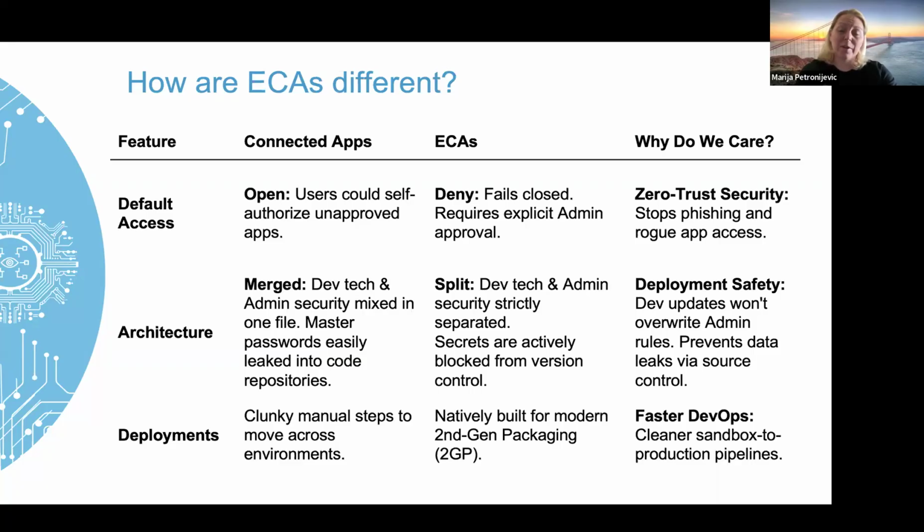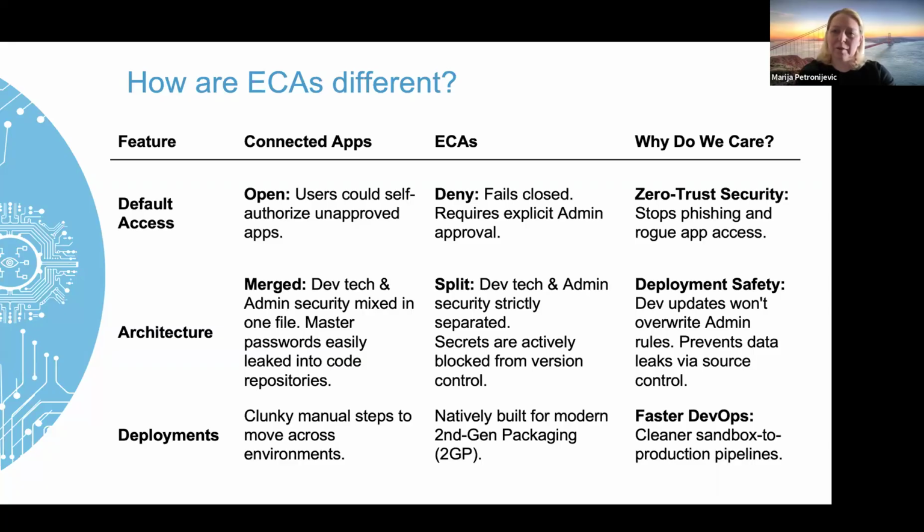Architecture is very different. This is one of the big things. With connected apps, all of the config happens in the same place, including security configurations as well as access and permissions, essentially everything in one place. With ECAs, developer and admin security is completely separated.